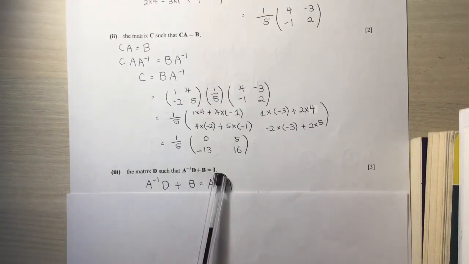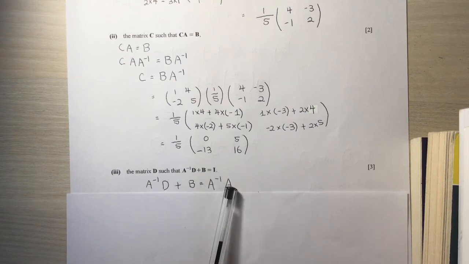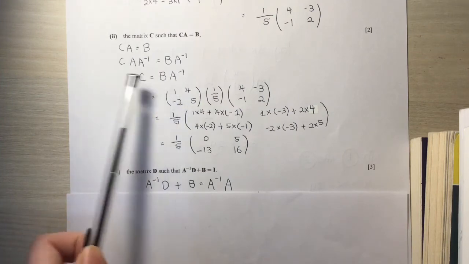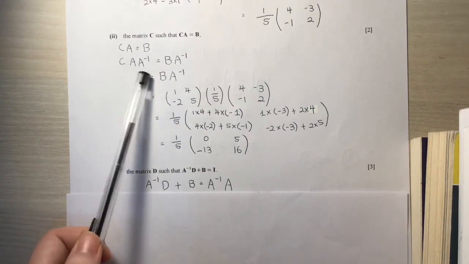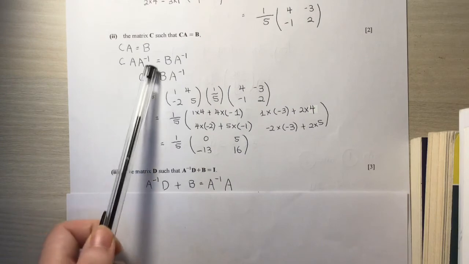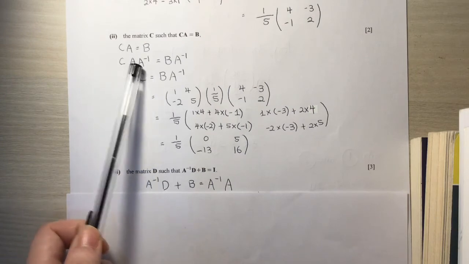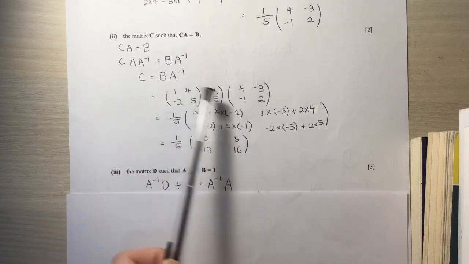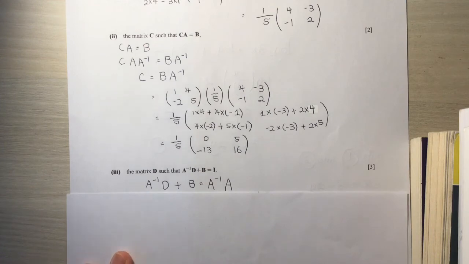Immediately change this I over here into A, the inverse, multiplied by A. It doesn't matter, A multiplied by A, the inverse, or inverse of A multiplied by A will be the same, because they are the same thing. However, if there are two different matrices, then we cannot do it in this way.